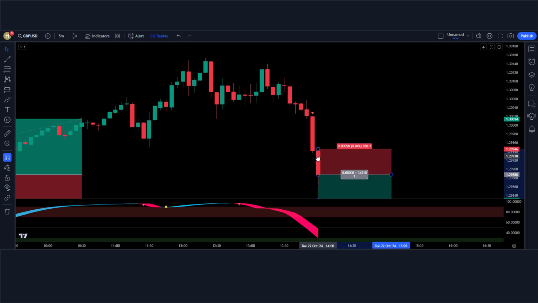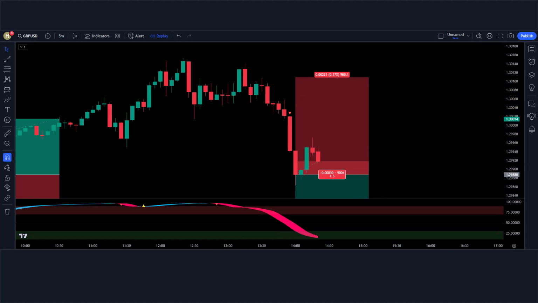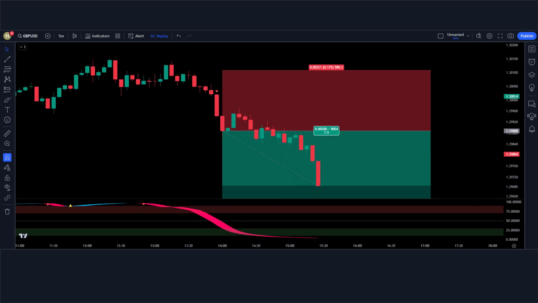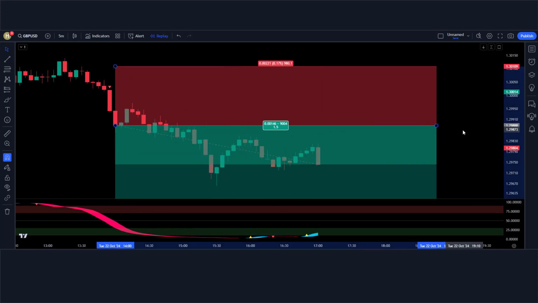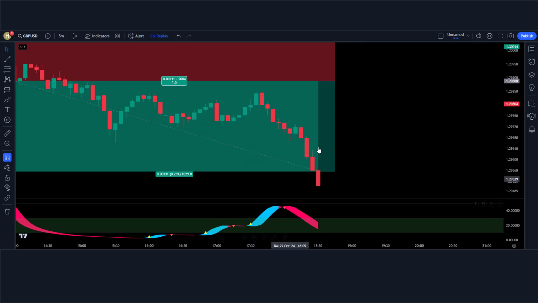Our stop loss will be placed at the current market of higher level. And the risk to reward ratio will be 1:1.5. The market has completely hit the target.